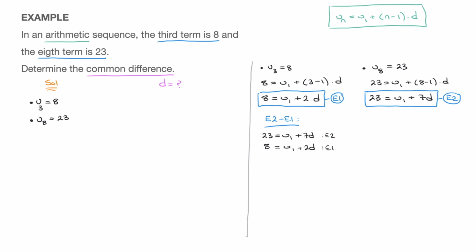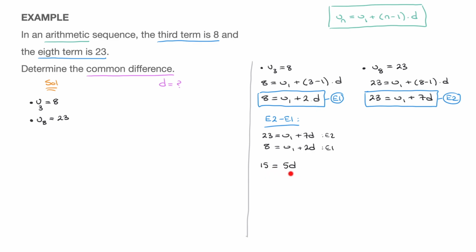Subtracting the bottom one from the top one, on the left-hand side we'll have 23 minus 8, which is 15, and that will equal the right-hand side, which would be u1 minus u1, which is 0, so I don't bother writing that, plus 7d minus 2d, which is 5d.